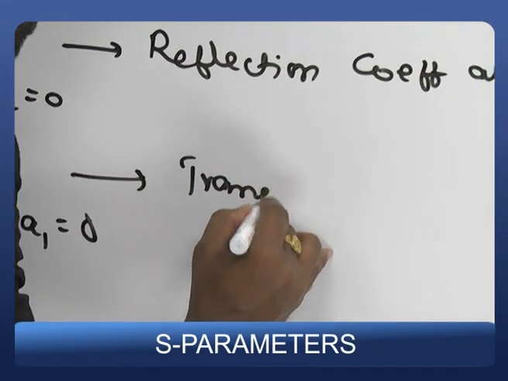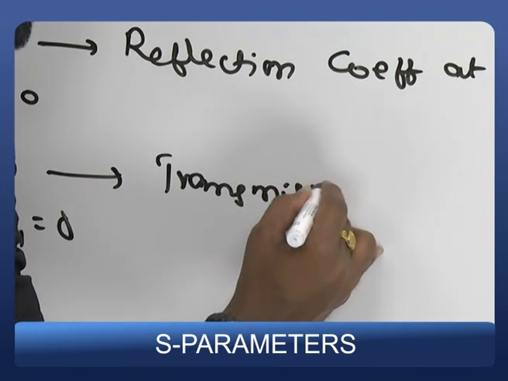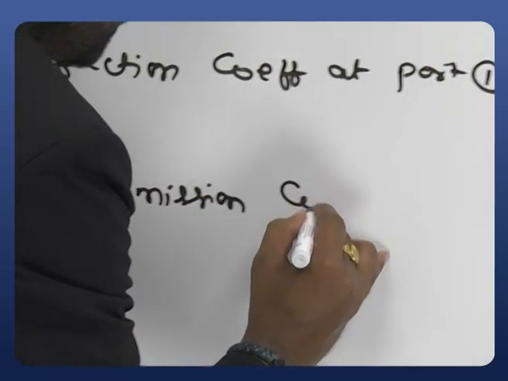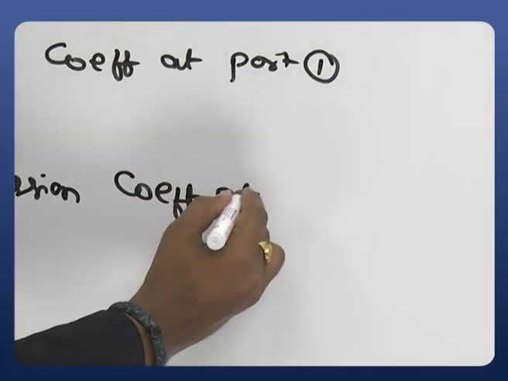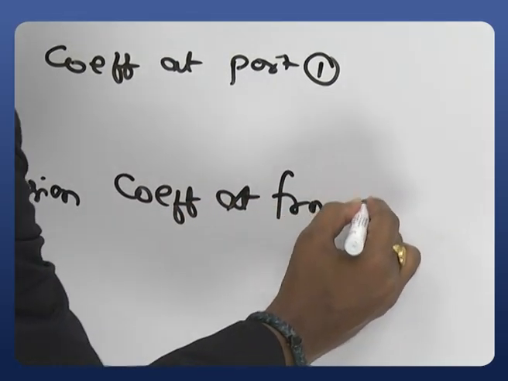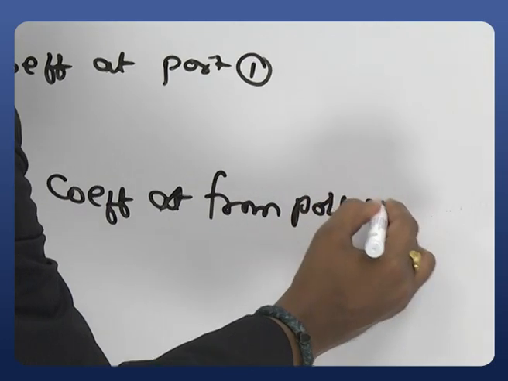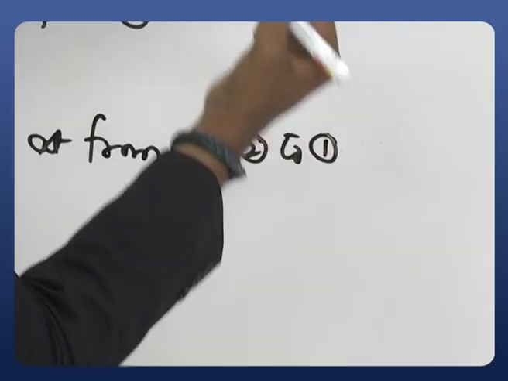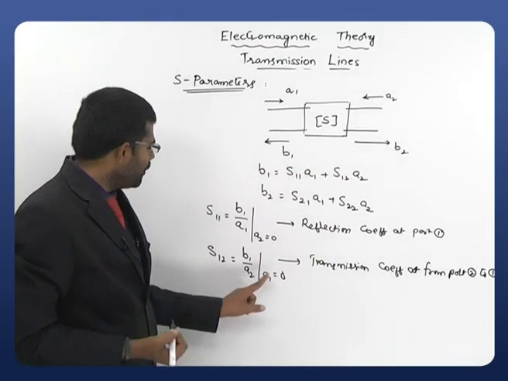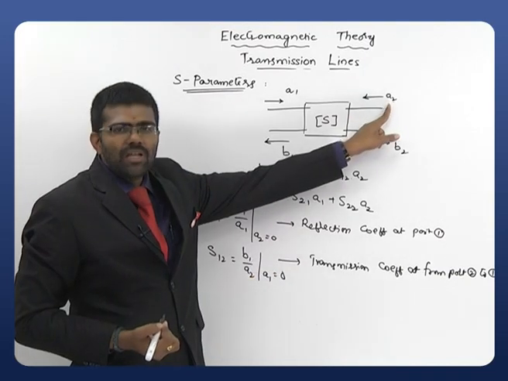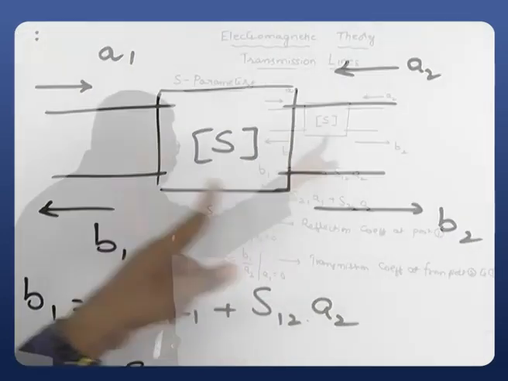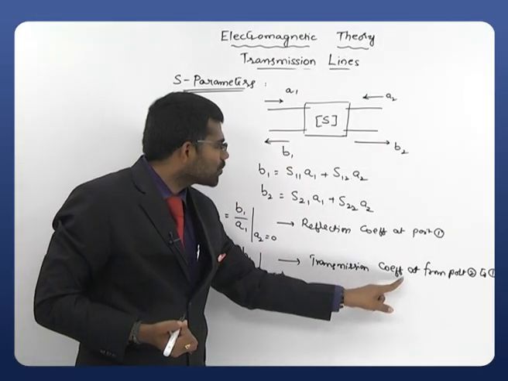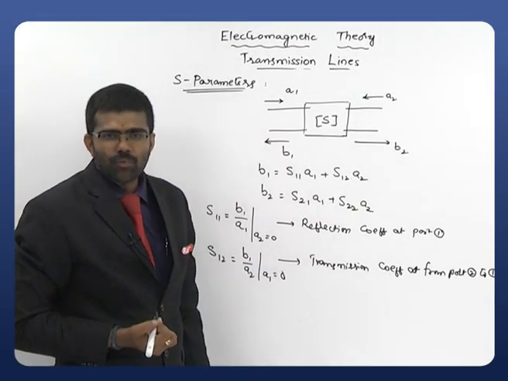This is not the reflection coefficient. Simply it is the transmission coefficient from port 2 to port 1. Clearly the wave is transmitting from A2, that is port 2, to port 1. That's what is called a transmission coefficient from port 2 to port 1.